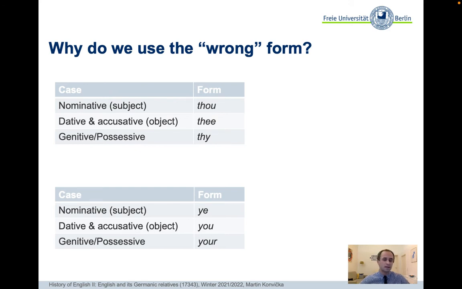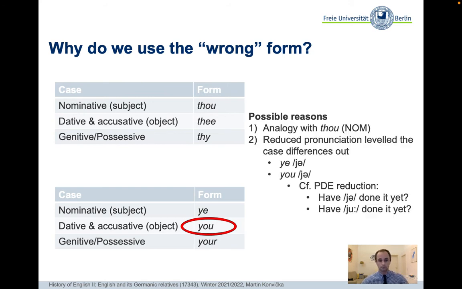So what happened is basically that the forms for the plural were generalized for the singular as well. And it's not only plural to singular, but it's also the dative case, the object form you, that got generalized, and not the nominative subject form ye, right?